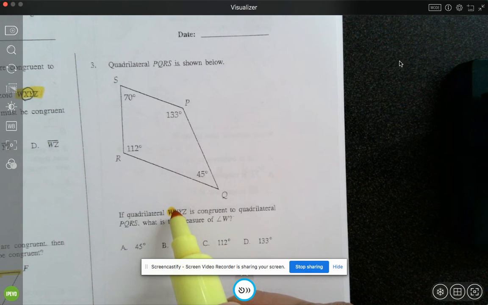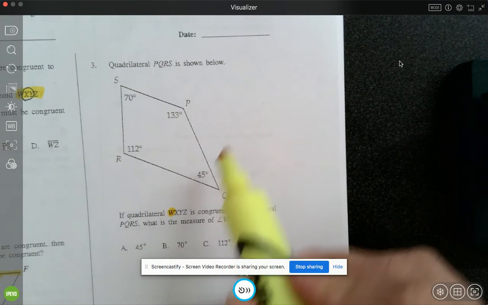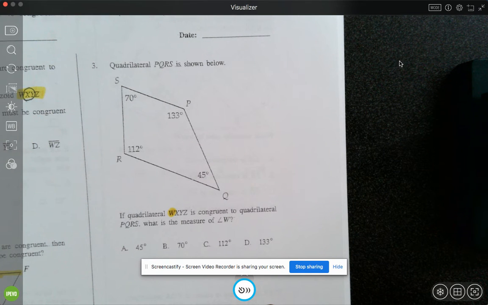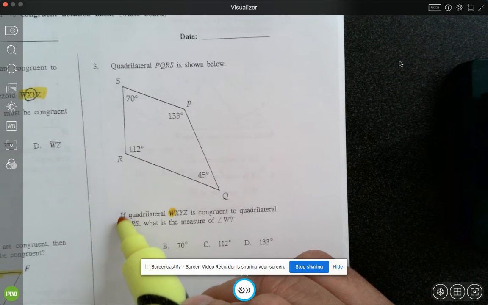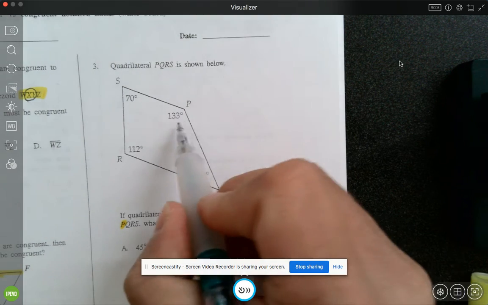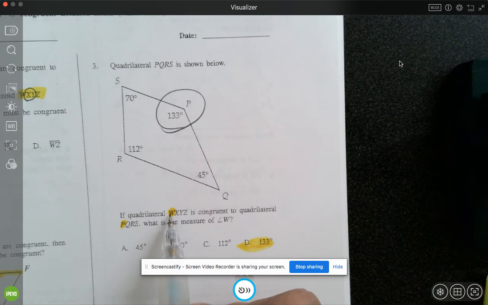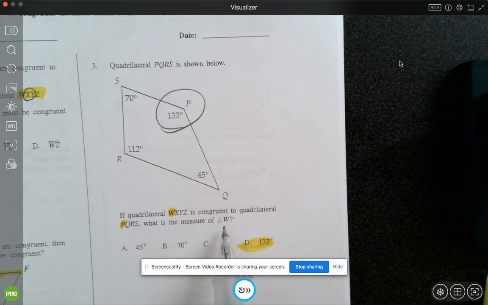It's the first letter here. And then you have PQRS there, the measured angles. Hopefully you put P, which is 133, right? So again, P is the first letter. So if they're the exact same, WXYZ, W and P are the same. So angle W has to be 133.